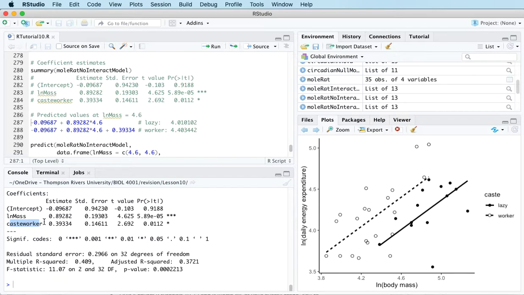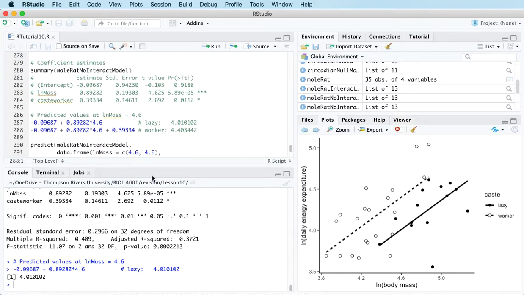If we want a prediction for the lazy ones, we take our intercept, minus 0.09687, plus 0.89282 times 4.6. That comes to a shade over 4, and that matched up with what we had on our scatter plot over here.